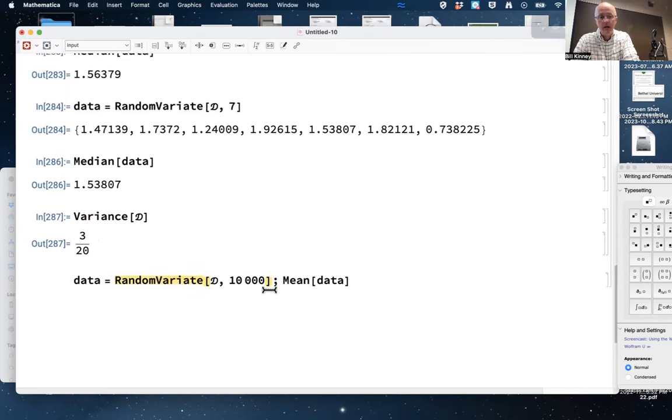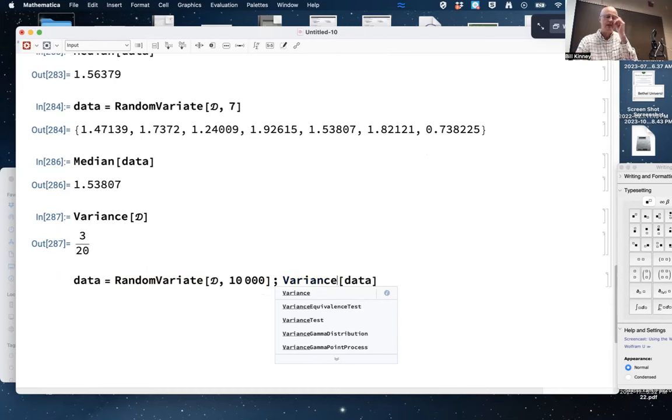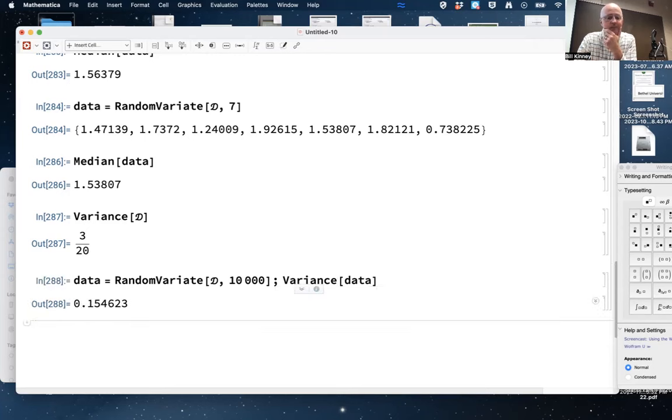So hopefully, if I do a variance here, is Mathematica programmed to compute this thing dividing by n minus 1, or what other people do in dividing by n? I think Mathematica does divide by n minus 1, but I'd have to look that up. Anyway, it got something close to 0.15.